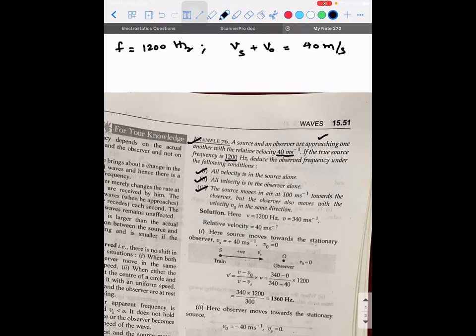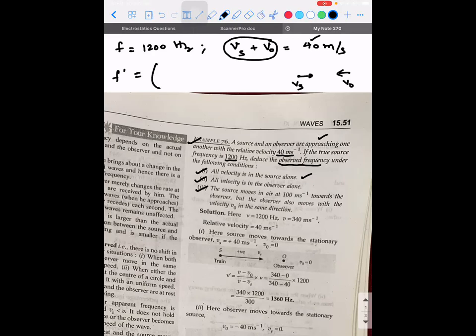They are approaching each other, yes. The source is in this direction, the observer is in this direction. Now we need to find the observed frequency, that is, the apparent frequency heard by the observer. In the initial case, all the velocity is by the source alone. Means, case 1: Vs plus V0 is equal to 40. But in the first case, if all the velocity is associated with the source alone, what will be the value of V0?